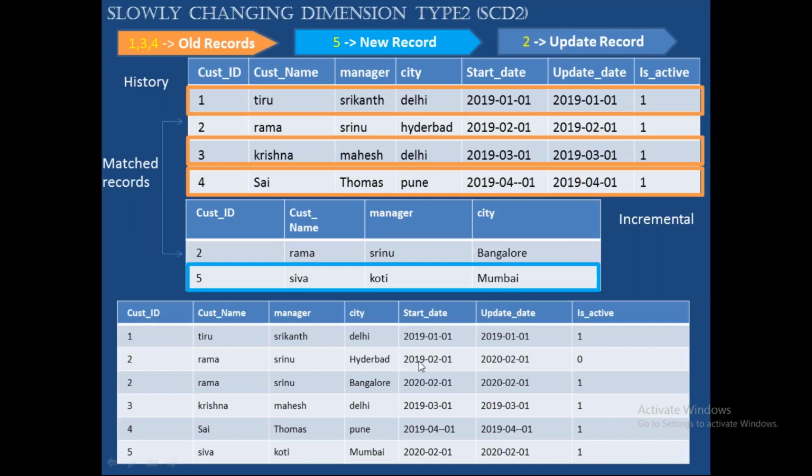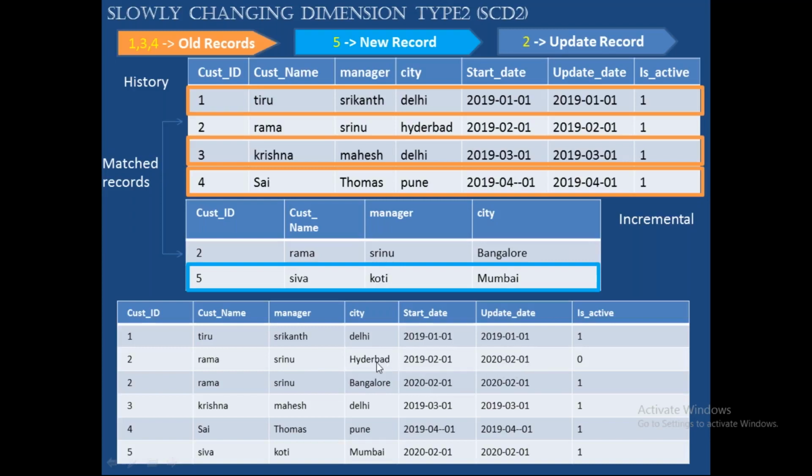From 2019-02-01 till what date? 2020-02-01, because this is the updated date. The record came on this date, and again the record is updated on this date. When this record is updated, I have deactivated this particular record. So from this time to this time, he is in this dimension, until 2020-02-01.